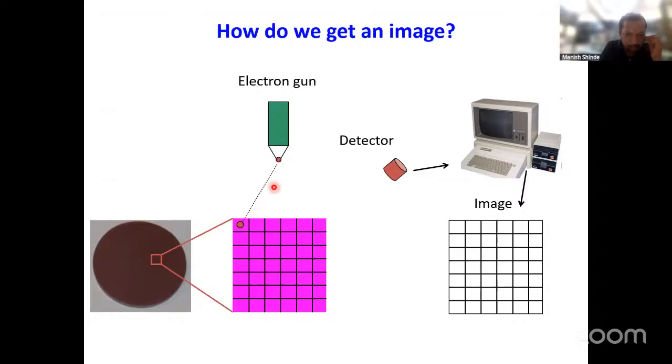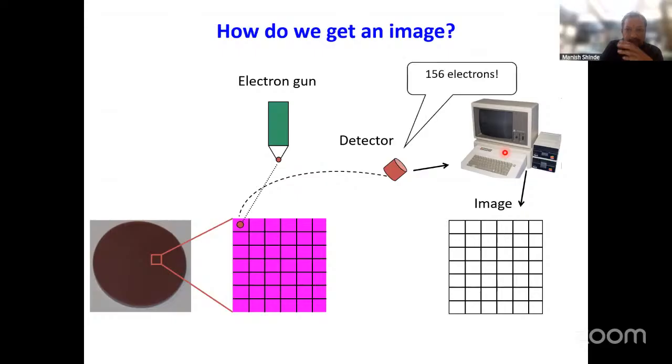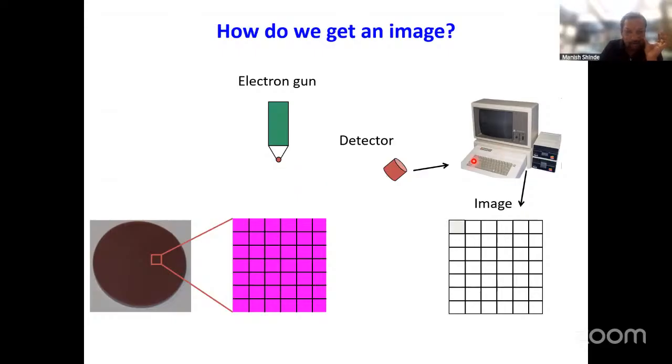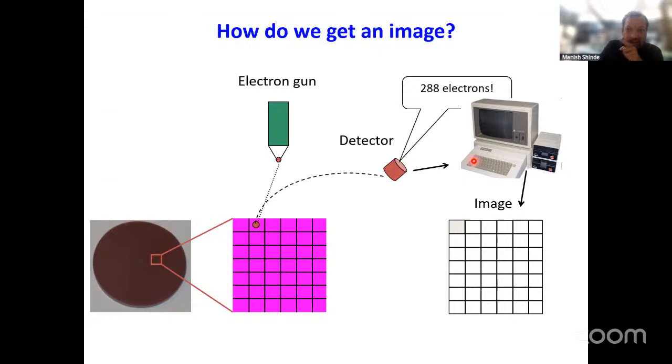Okay, so now electron beam is falling on one part of the sample. Okay, secondary electrons are getting generated and they are detected by the detector and the data is fed to the computer, say 156 electrons. Now it will scan to the next spot. Again, secondary electrons will be generated, detected by the detector, and it will count the number of electrons.